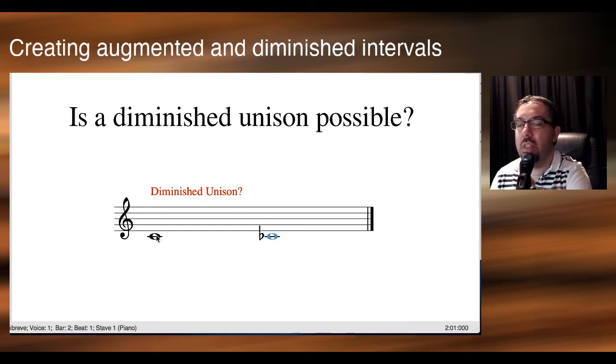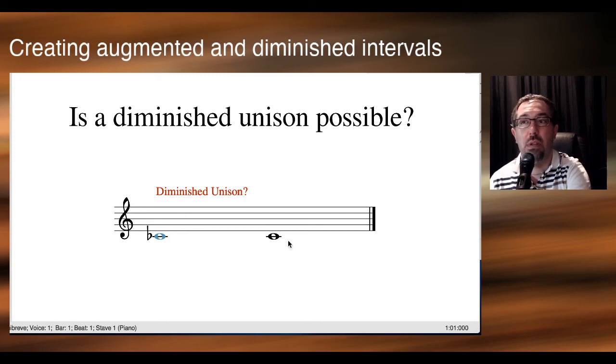Okay, the other view is this just still an augmented unison going from C flat up to C? Because if I was to reverse that and have C flat to C, is that just an augmented unison, which most people agree with?